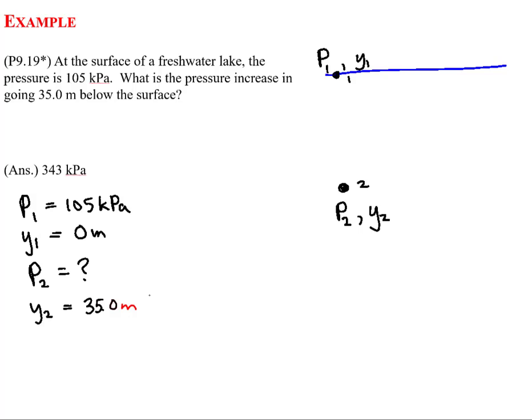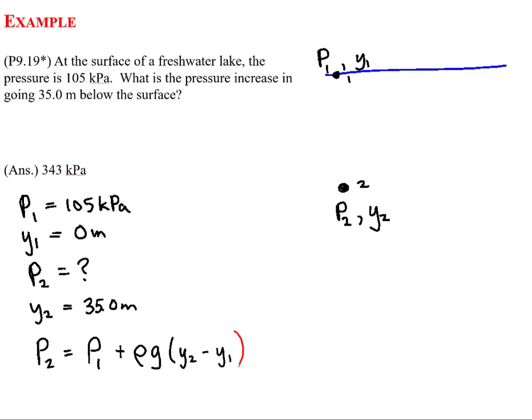So our reference point is point 1, and we're going to compare the pressure at point 2 to the pressure at point 1. And we know how to do that because the pressure at one point is relative to the pressure at another point, plus the density of the incompressible fluid that we're in, times the free fall acceleration of gravity, times the difference in depths between those 2 points.